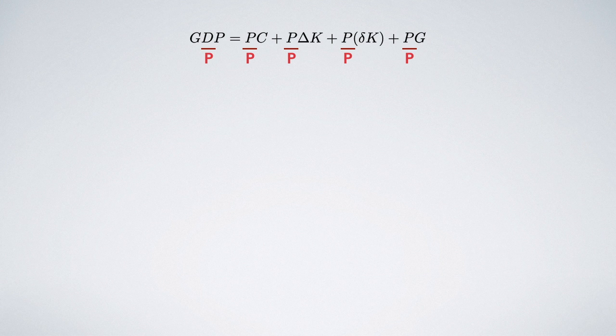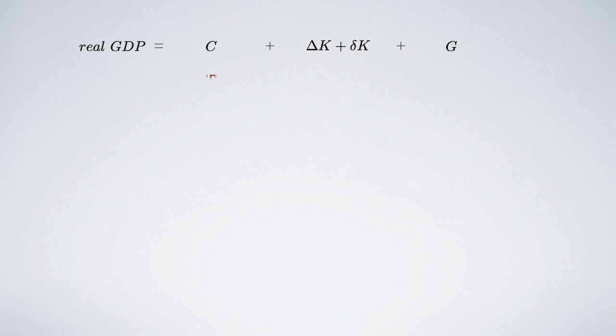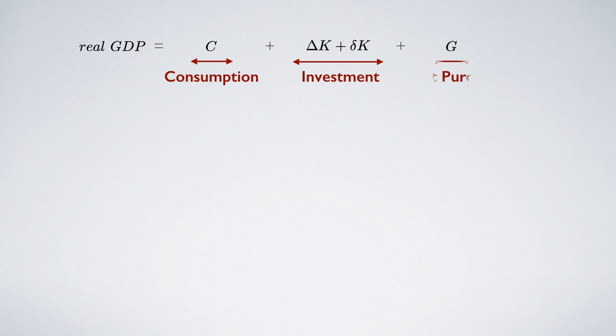Then we end up with real GDP equal to consumption plus capital investment plus G. So we have consumption, investment, and government purchase.